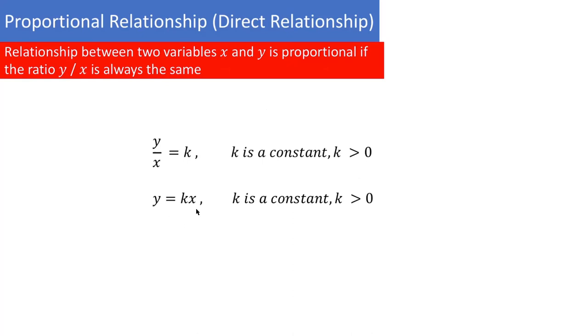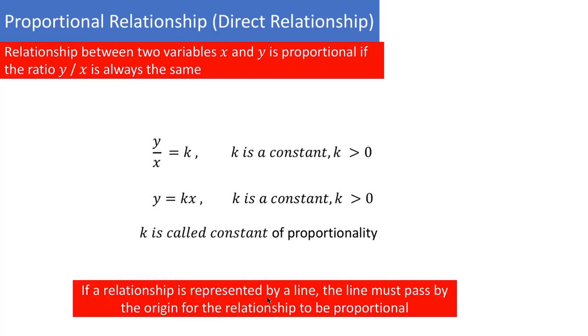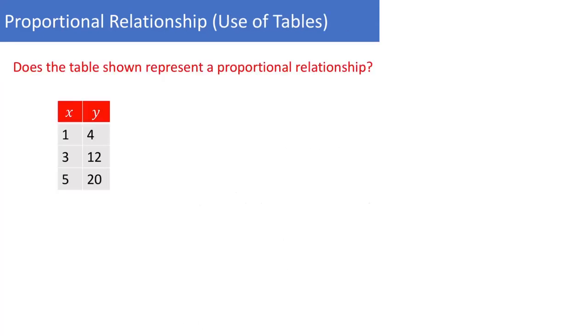This is the equation of a line with slope k that passes through the origin, and k is called the constant of proportionality. If a relationship is represented by a line, the line must pass through the origin for the relationship to be proportional. And we will talk about this a little bit later.